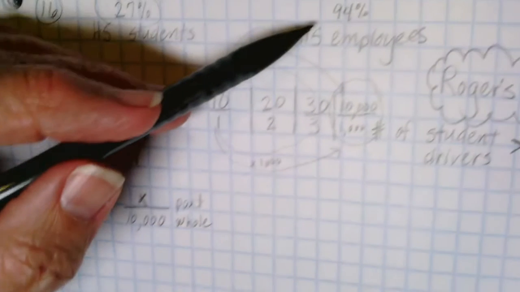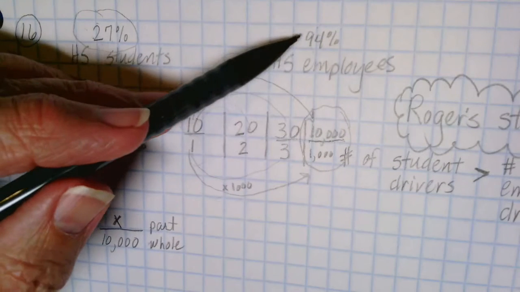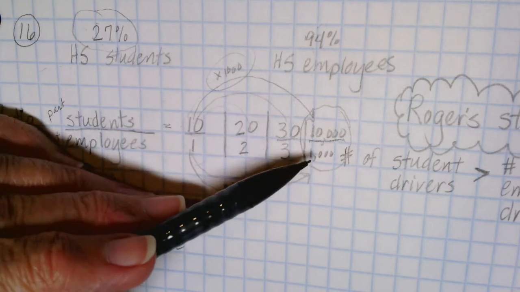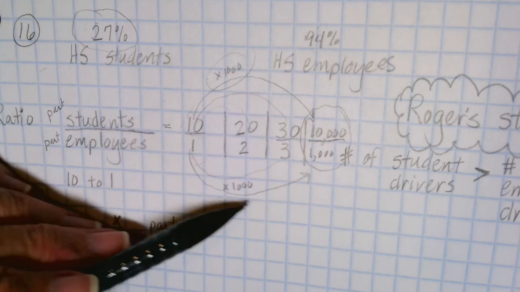My other proportion is going to be using the 94% because that's my employees, and I'm going to use my 1,000.